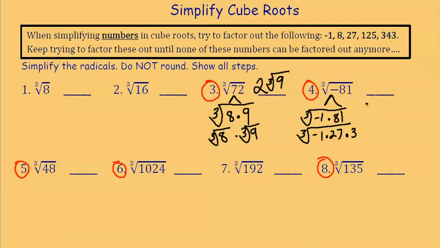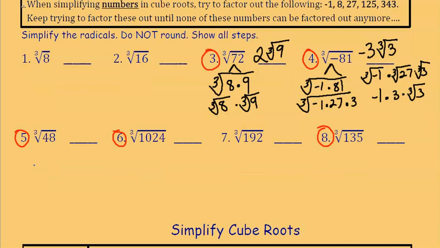So we have the cube root of -1 times the cube root of 27 times the cube root of 3. So we have -1 times 3 times cube root 3. For odd roots like a cube root, we won't have i, we'll have a regular -1. So your simplified expression is -3 times the cube root of 3.